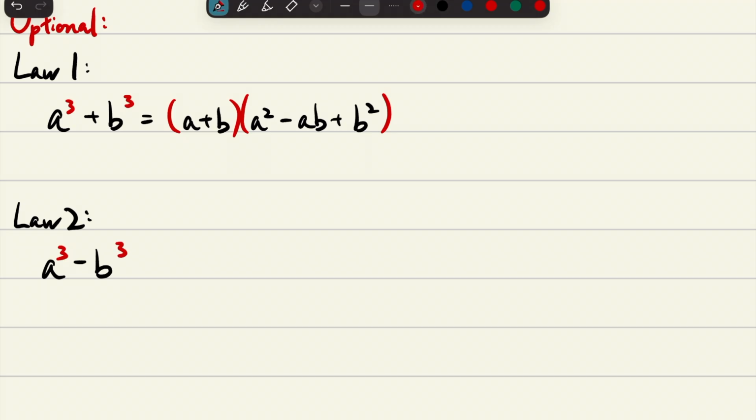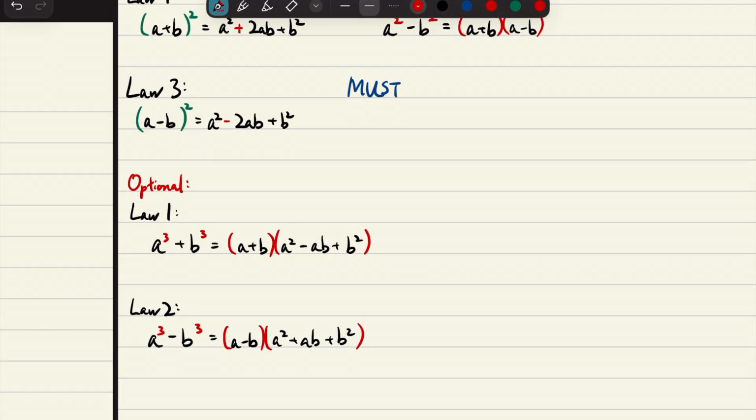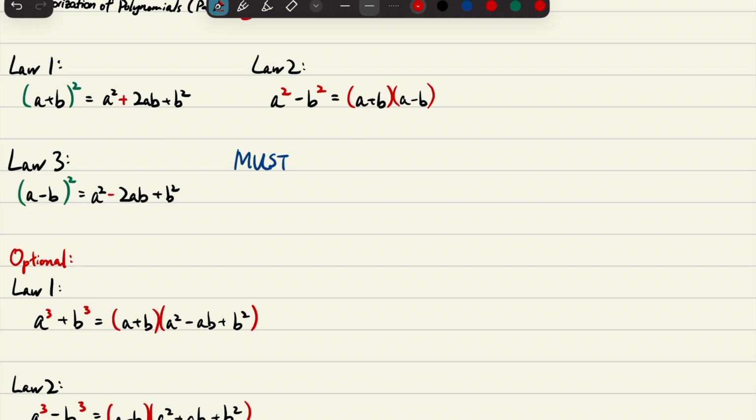So this actually equals bracket a minus b, multiplied by a squared plus ab plus b squared. So these 5 laws are the identities with polynomials that you'll use throughout high school.